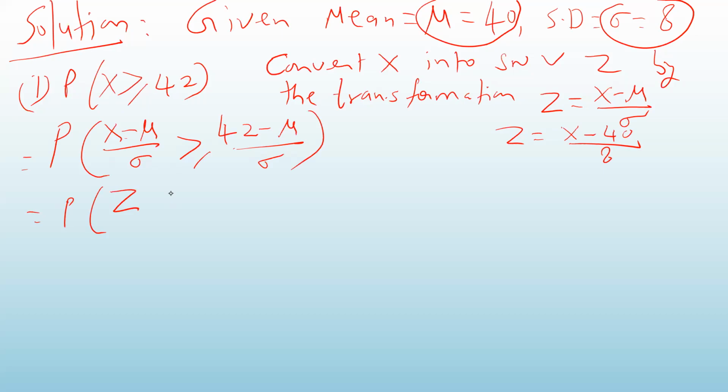That is equal to 42 minus, what is mu? Mu is 40. 42 minus 40 divided by sigma, which is 8, which is same as probability of z greater than or equal to 42 minus 40 upon 8. It is 2 upon 8, correct? And what is 2 upon 8?